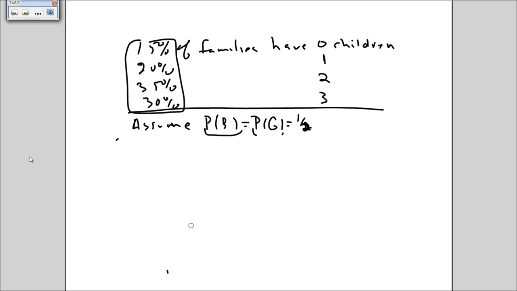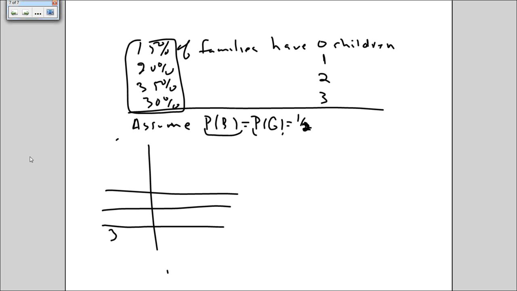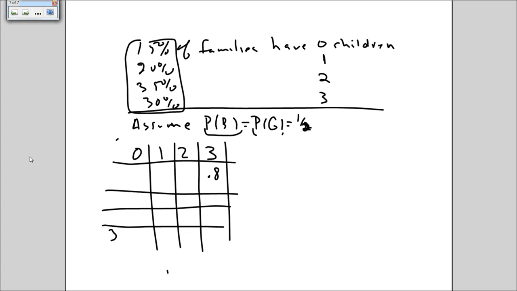Now, I do want to say one thing. I should have made this comment. Since the chances of having a boy and a girl are exactly the same, let's just suppose for a moment this probability was 0.8.